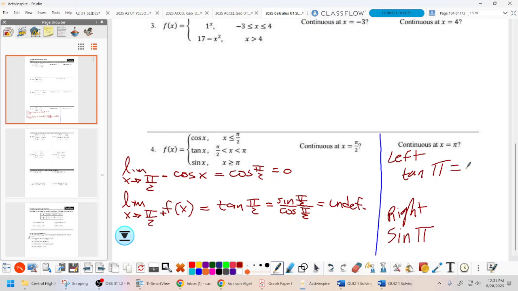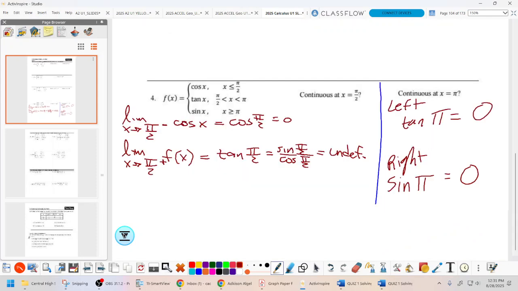What is tangent of pi? 0. And sine of pi? Also 0. So tangent of pi is 0 because sine of pi is 0. And then we also need to check f of pi.